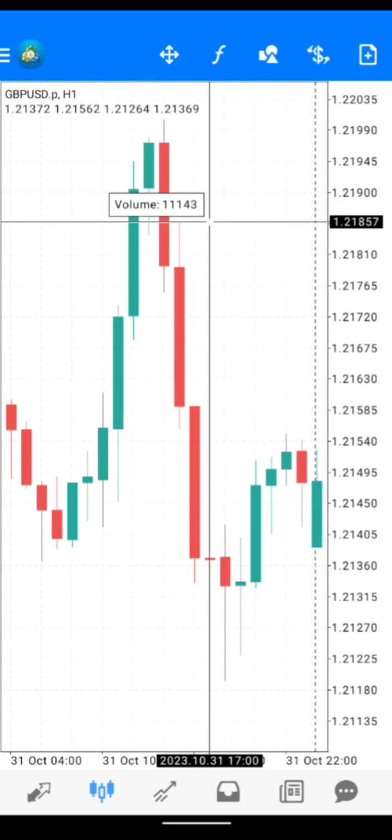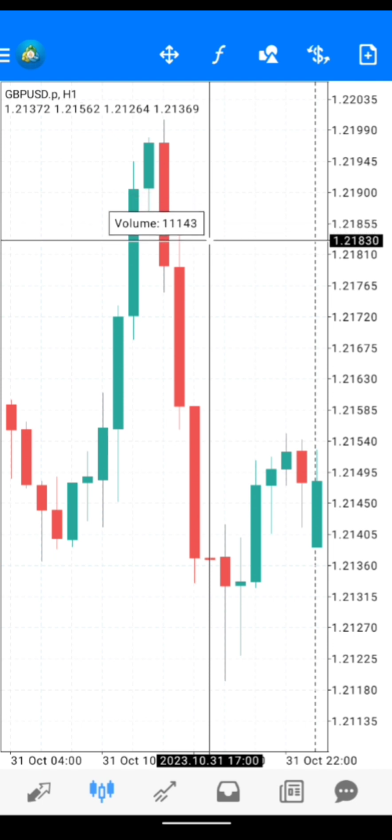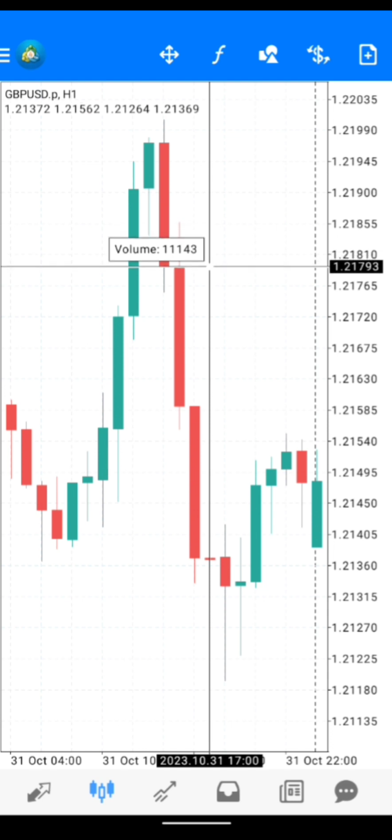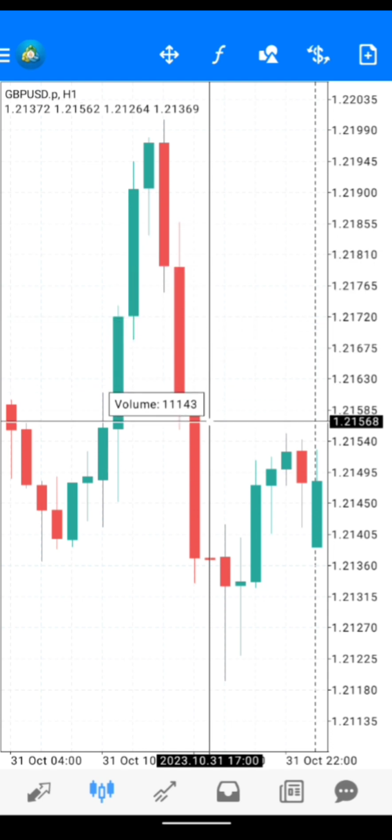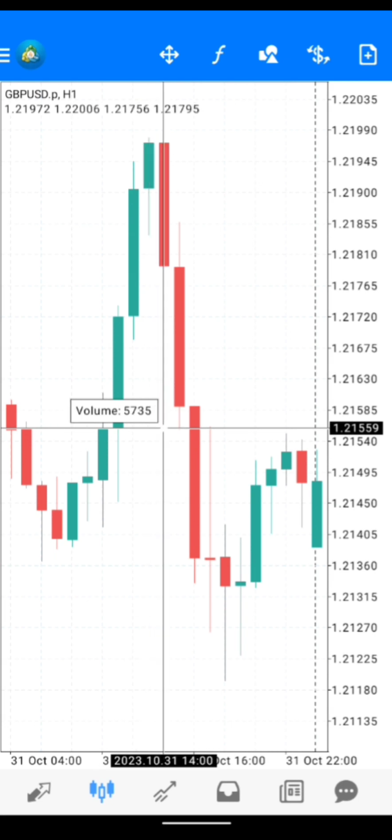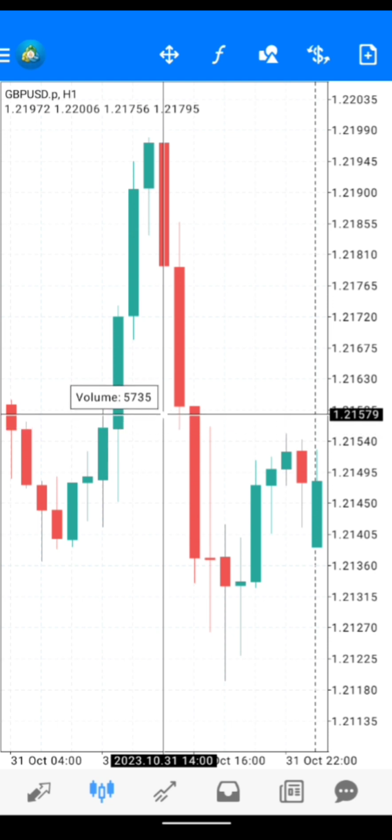So this candle opened at 1.21793, went as high as 1.21857, the high of that period, then came back to the opening, pushed lower to the 1.21559 level, but did not manage to close there. The market participants pushed it slightly higher and closed here.